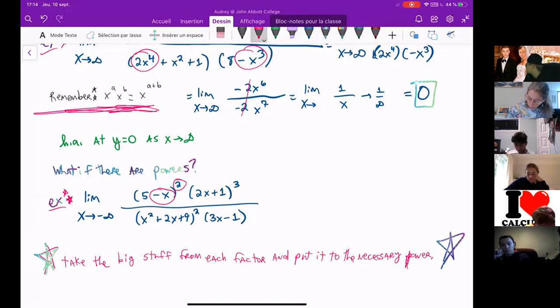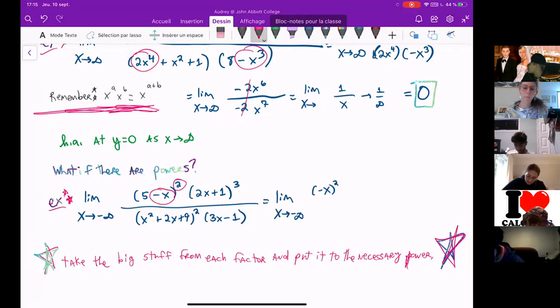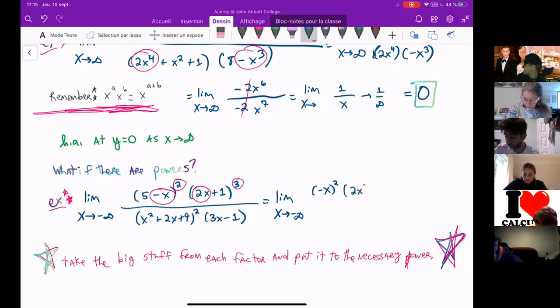Okay, so I'm going to have the limit as x approaches negative infinity of negative x squared. What about the big stuff from 2x plus 1? That's 2x. Am I going to take the power of 3 with that? Yes. So I end up with 2x cubed. So be careful here. As David just pointed out, the negative and the 2 are inside.